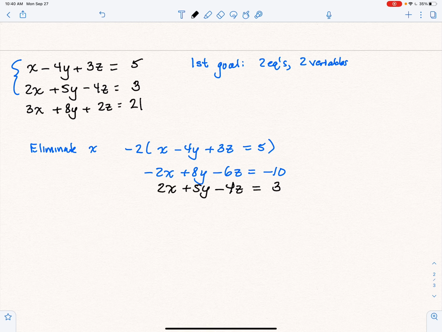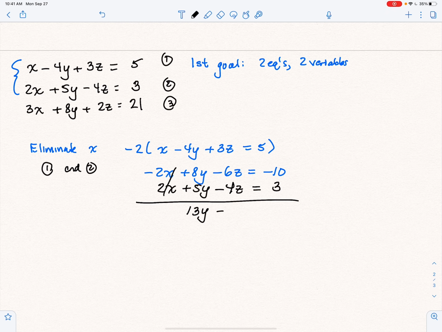I'm going to label these equations 1, 2, and 3. So we're using 1 and 2 here. Add them together. X's go away just like we planned. We have 13y minus 10z equals -7.